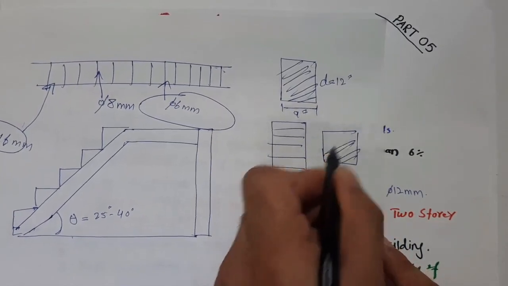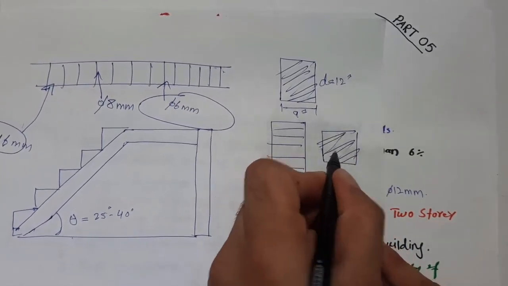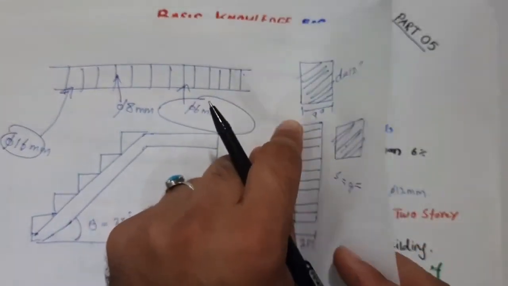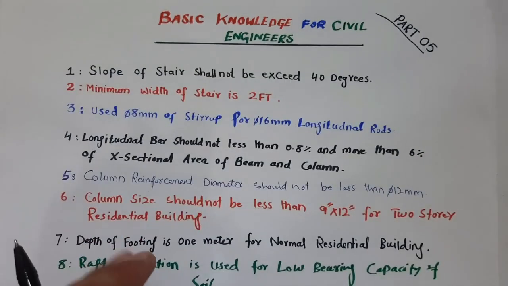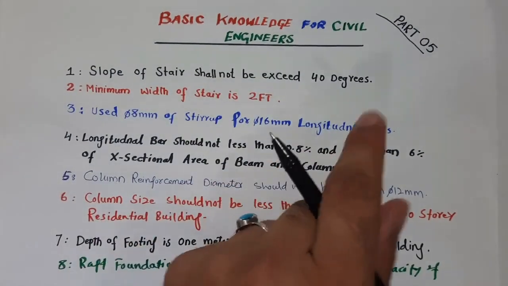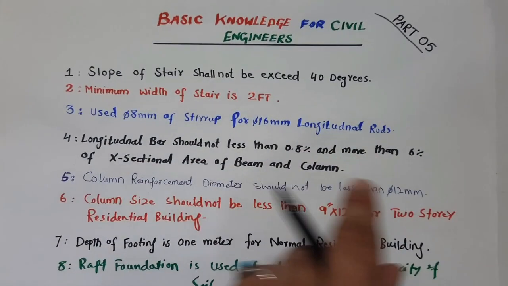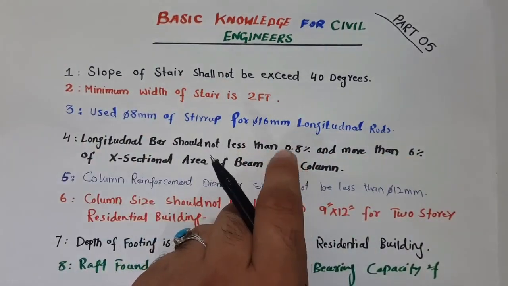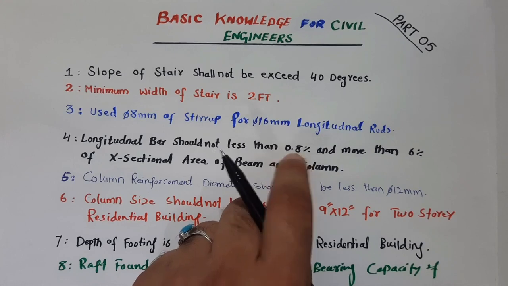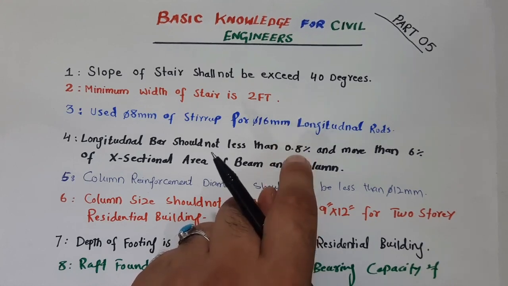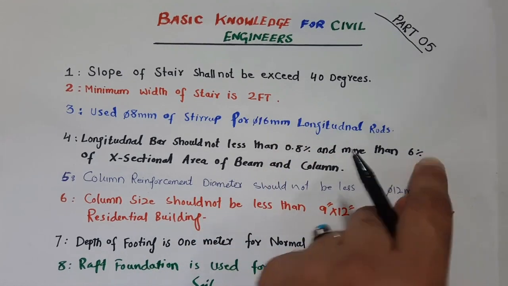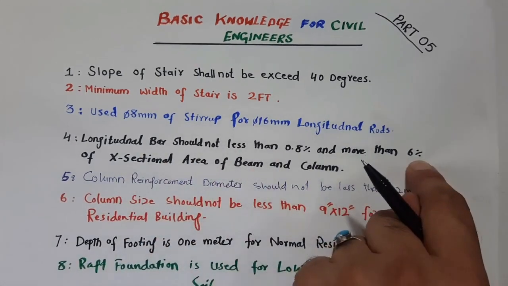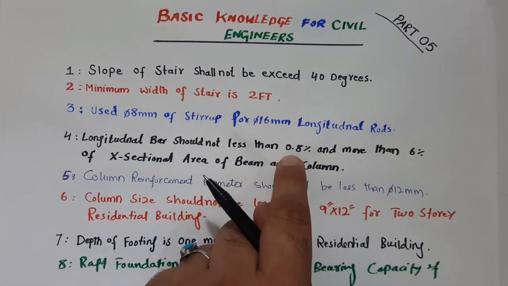So this is the cross-sectional area of the column. When you want to use steel reinforcement from IS, Indian standard codes, you cannot use less than this 0.8% of the cross-sectional area of beam and column, and not more than 6%. So you cannot exceed this, and you cannot use less than the minimum.